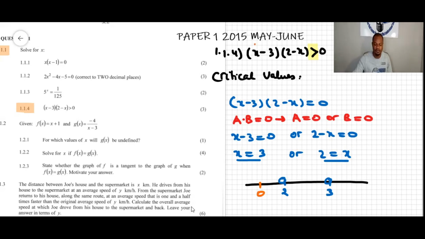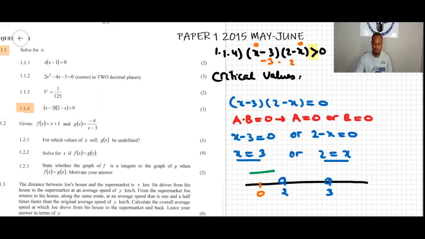Now, 0 minus 3 is negative 3, and 2 minus 0 is just 2. So the product, negative 3 times 2, is negative 6. Therefore, in this interval from negative infinity to 2, the sign is negative. I put my negative sign there.